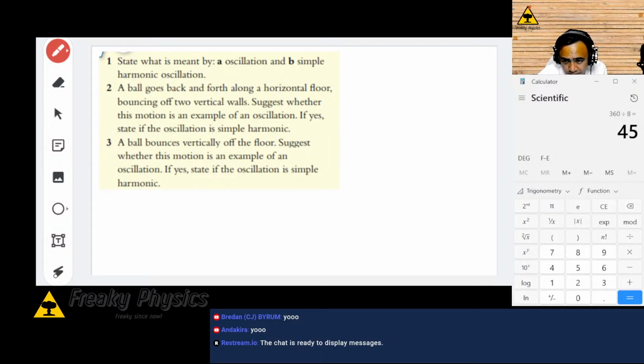Unfortunately, no. Again, an oscillation is simply a repeating back and forth motion. I'll type that in so it's clearer. An oscillation is a repeating back and forth motion.